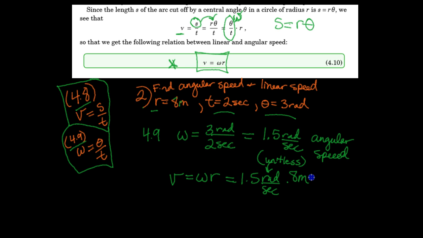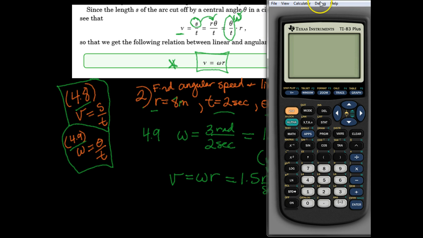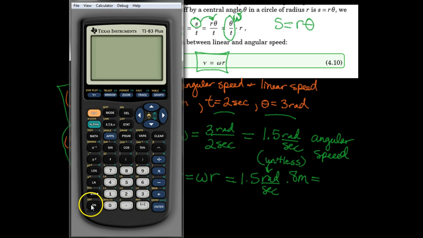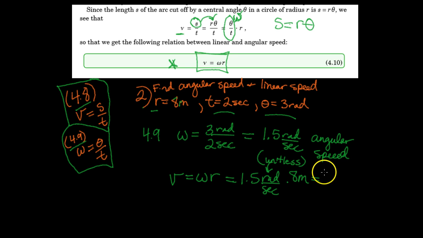So if you multiply this out, you can find that, 8 times 1.5. That's actually just 12, isn't it? We'll just double check. Yeah, that's 12. So if we multiply that out, we get 12.